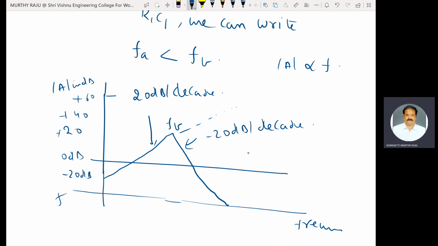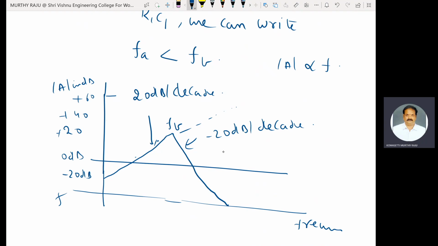This is the 40 dB per decade change at FB. This is plus 20 dB minus of minus 20 dB. Therefore, 20 plus 20, 40 dB.